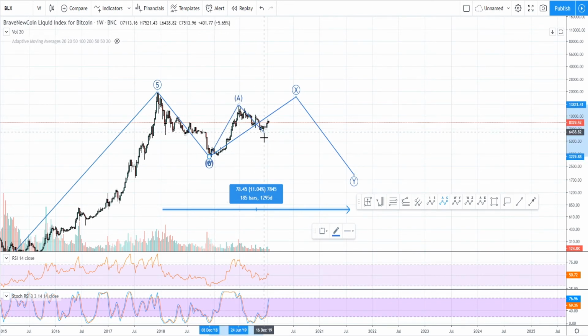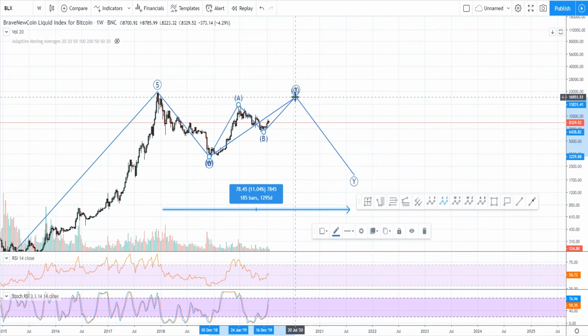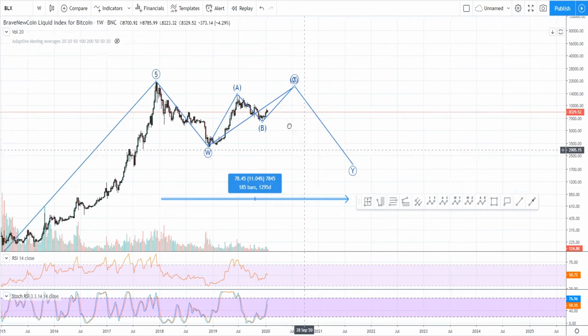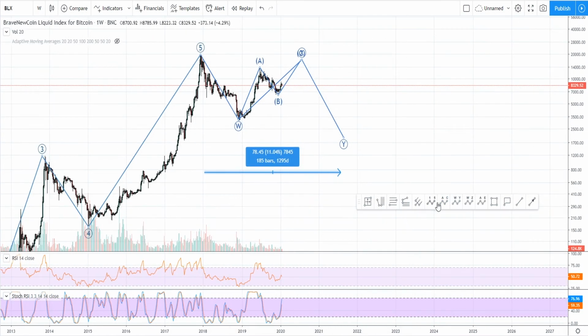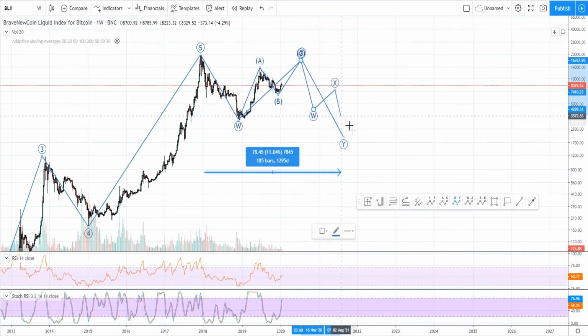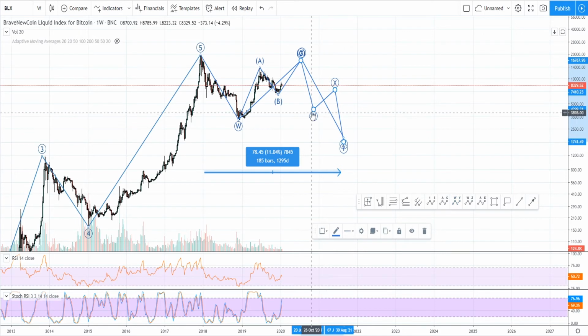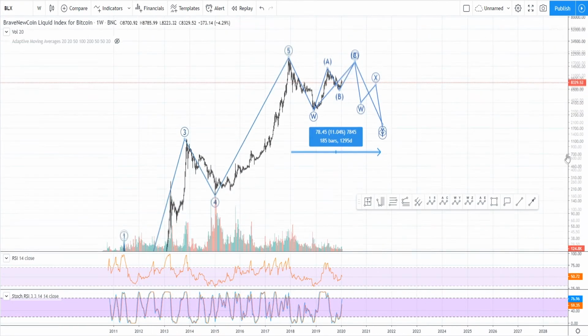A, B, C, something like that. That looks very natural. And then, of course, a WXY or ABC to the downside, something like this, right? This all looks quite natural to me. It fits quite nicely.